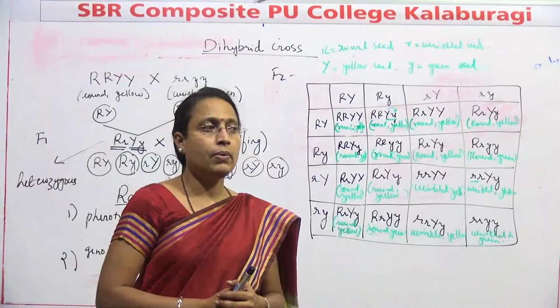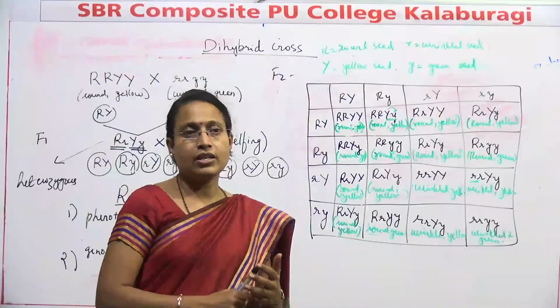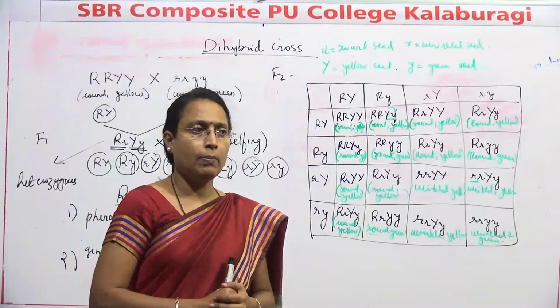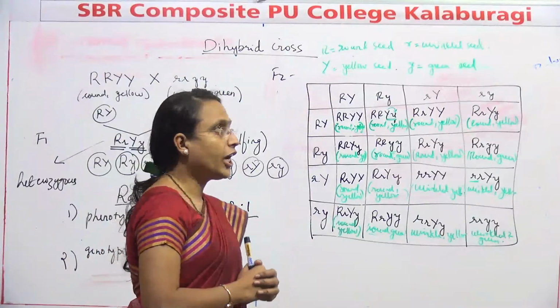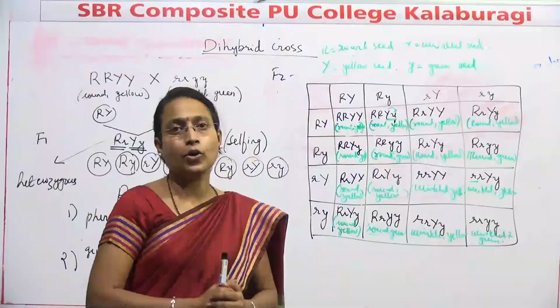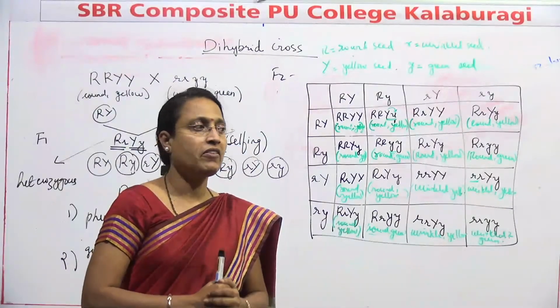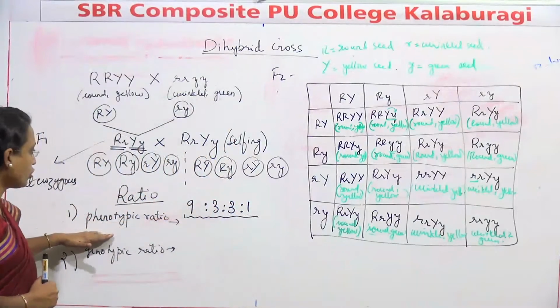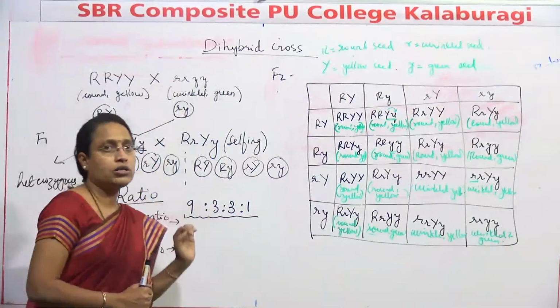What is a phenotype? The externally appearing features can be called a phenotype. And many times, even certain internal features can act as a phenotype, like blood group. Human blood group is an example of an internal phenotype. So this is the ratio which you get in a dihybrid cross.